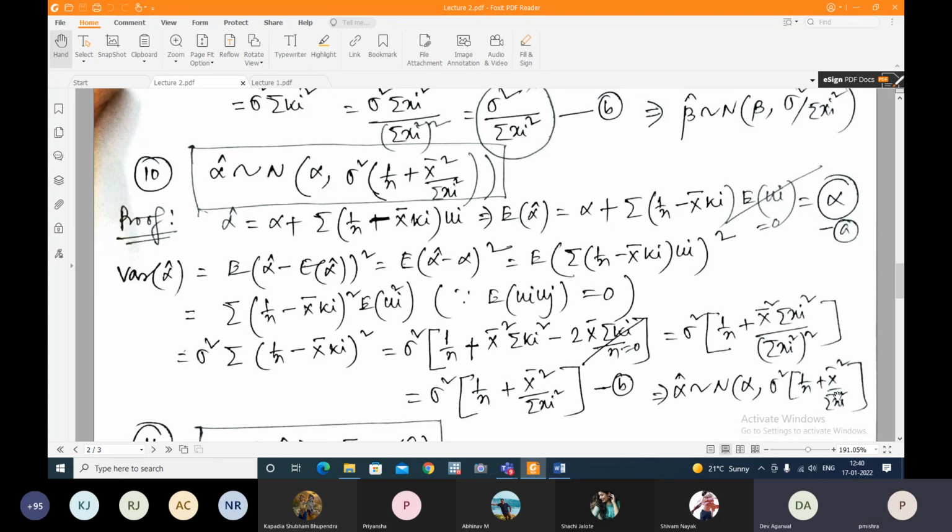So what we are doing, first we are expressing both alpha hat and beta hat as linear function of yi, because yi is normally distributed, hence both alpha hat and beta hat will be normally distributed. Then we have derived the mathematical expectation of alpha hat and beta hat and also their variances.